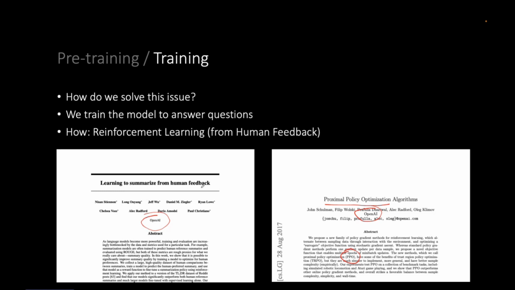The paper that shows how this was done is called Learning to Summarize from Human Feedback, where they grabbed a lot of data from different posts. Particularly, they used the TLDR dataset, which is a set of posts from Reddit where people summarize what the post means. So they can grab the whole post and the summary, the TLDR, and then use that for training the model.